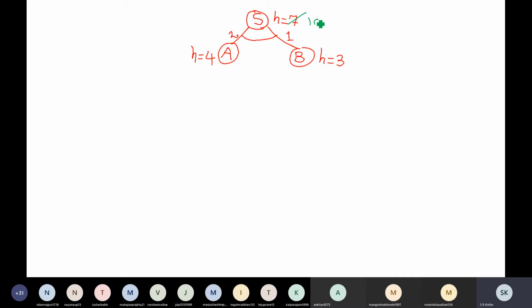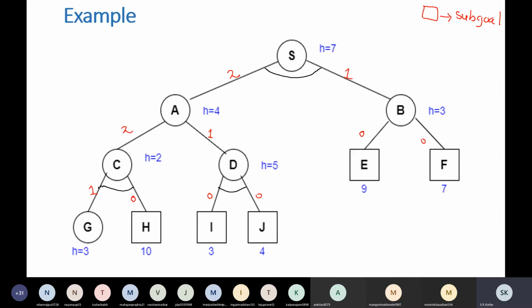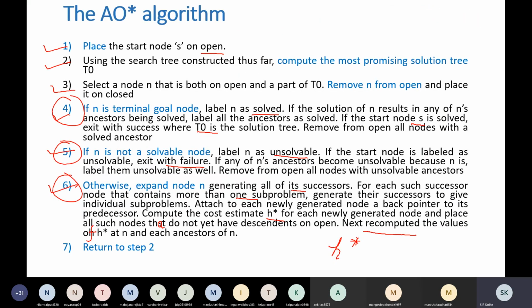Next step is to return to step 2. Go back to the algorithm. Step 2 is: using the search tree constructed so far, compute the most promising tree T0, and select n that is both on open and part of T0. Remove n from open and place it on close.